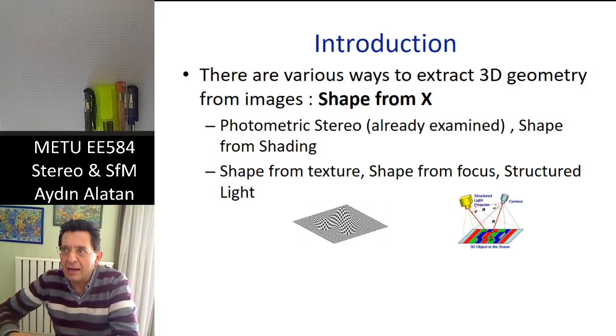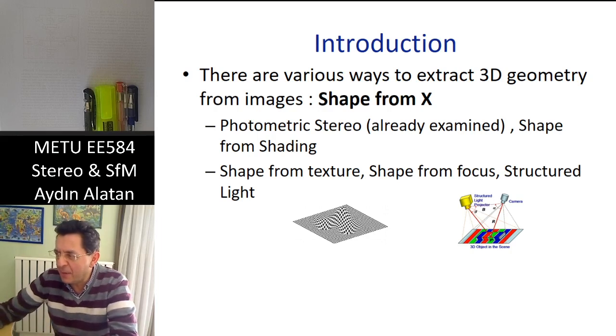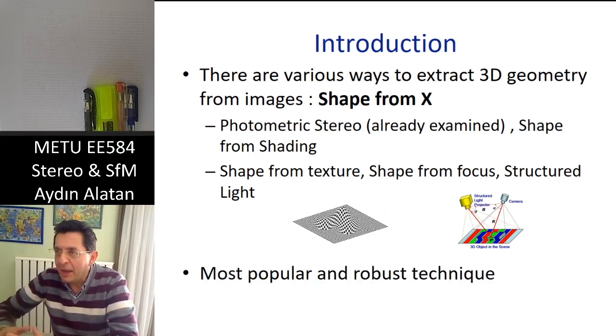scene or object. Similarly, by projecting some known structure using a light projector just like here, and getting the image from a camera, we can find 3D information easily. But the thing that I'm going to talk about today is more general, just visual data, nothing else.